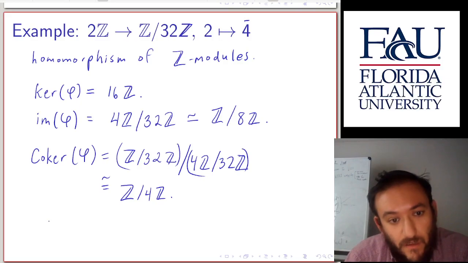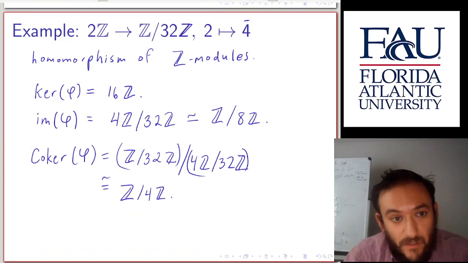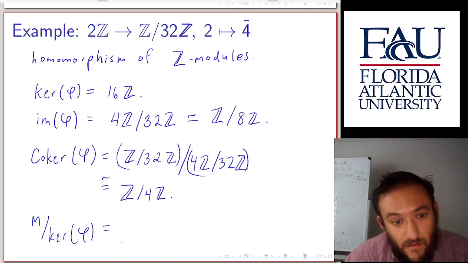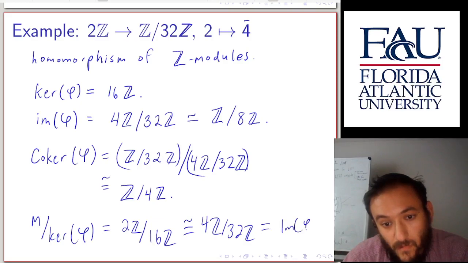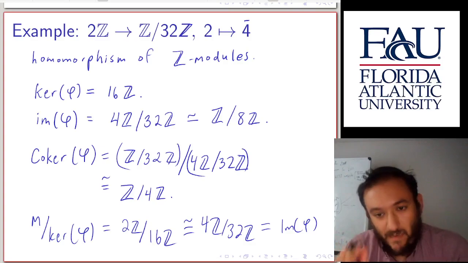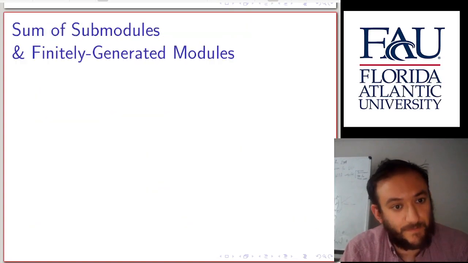In terms of the isomorphism theorem we made note of on the previous page, that the module mod the kernel is isomorphic to the image, you'll note that M mod kernel of phi is 2Z mod 16Z, which obviously is isomorphic to 4Z mod 32Z, which is the image. Okay, so that's an example of a module homomorphism and some of the associated submodules.